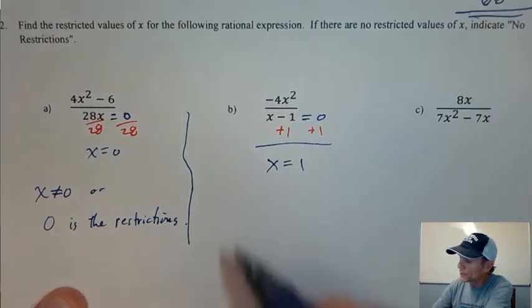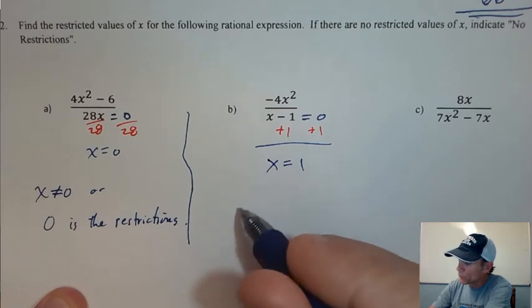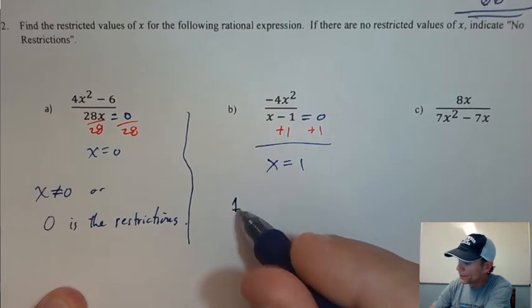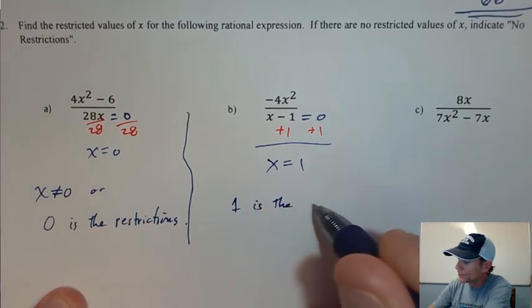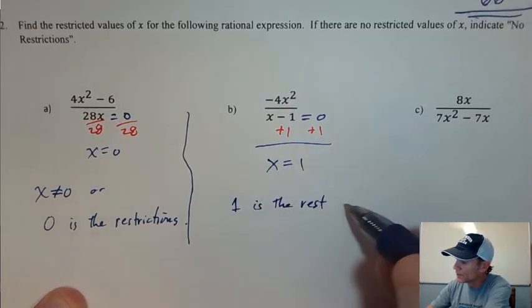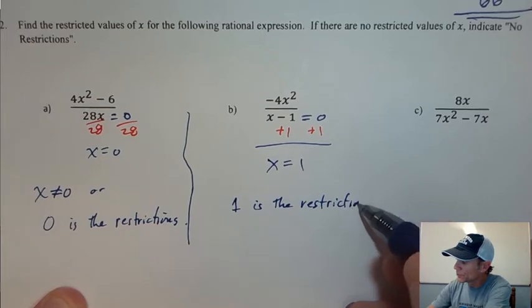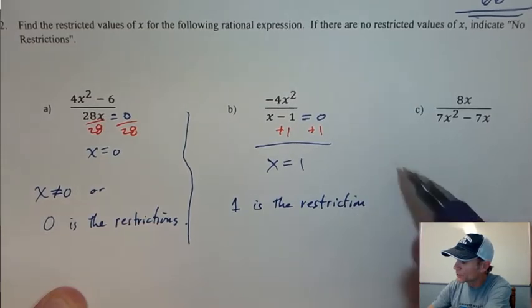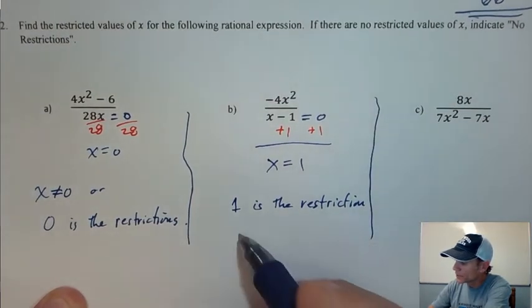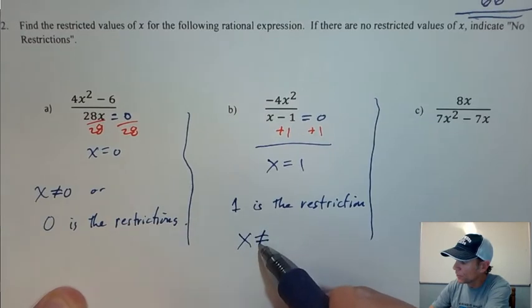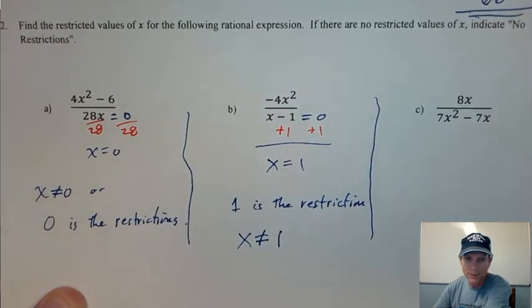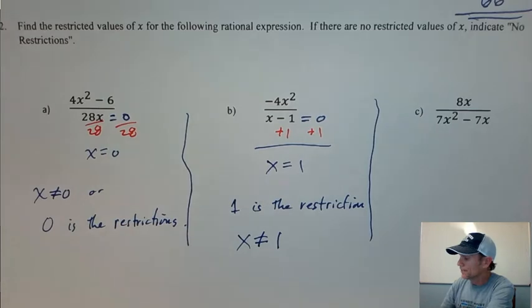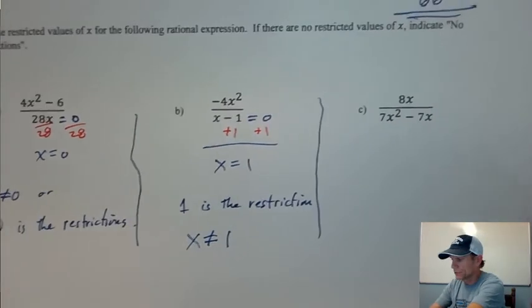And so remember, we can say 1 is the restriction. Sometimes you get more restrictions than just 1, but we'll see that. Or you can say x cannot equal 1. All right, either way.